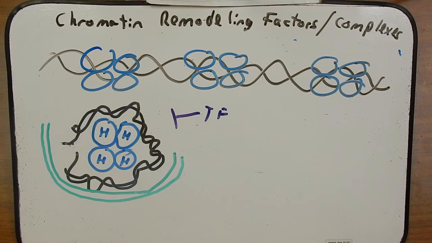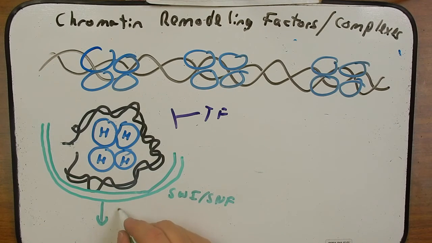And this will be hard to draw, but hopefully you'll get what I'm trying to show here. So this SWI/SNF, as it binds the DNA here, it begins to pull it together. So the SWI/SNF kind of moves down. And as it moves down, it's pulling some of the DNA with it. It's not going to completely unravel it like a ball of yarn.